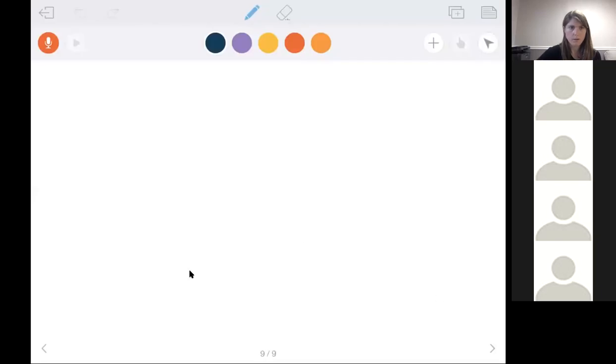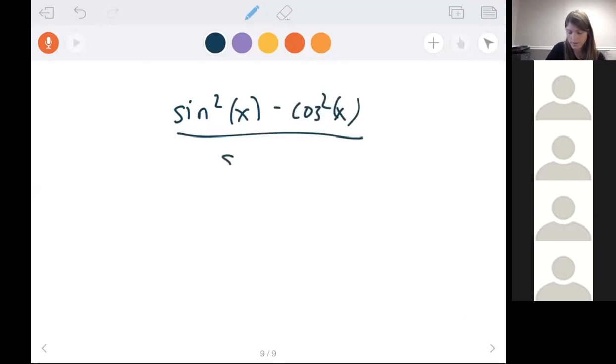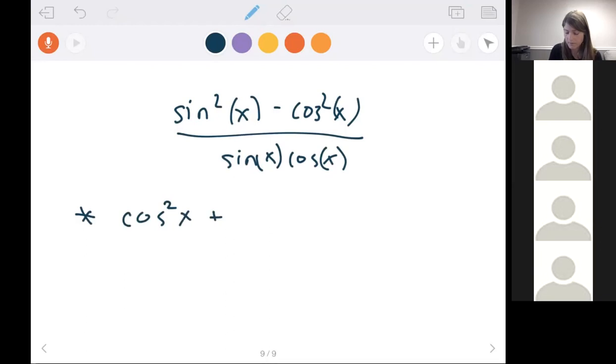And let's go ahead. I'm going to write down our last part. So sine squared minus cosine squared all over sine x times cosine x. All right, so when I'm looking at this, we said the important thing is sine squared plus cosine squared, or cosine squared plus sine squared, equals 1, my Pythagorean identity.